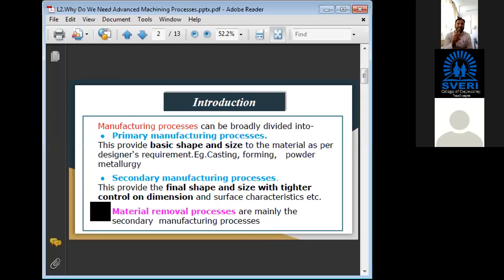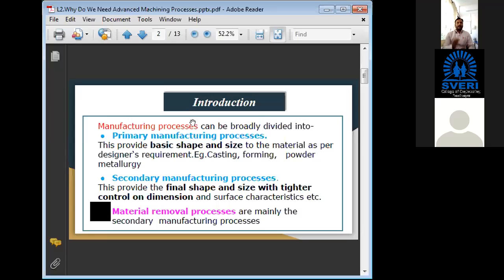One is the primary manufacturing process, and the second is the secondary manufacturing process. Now the question arises: what is meant by the primary manufacturing process?